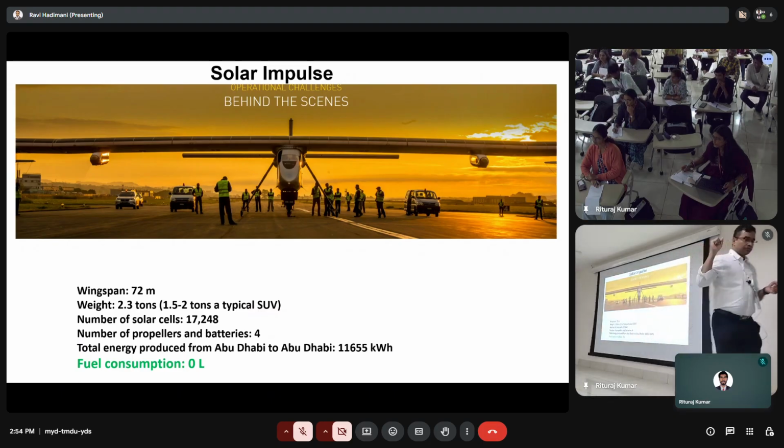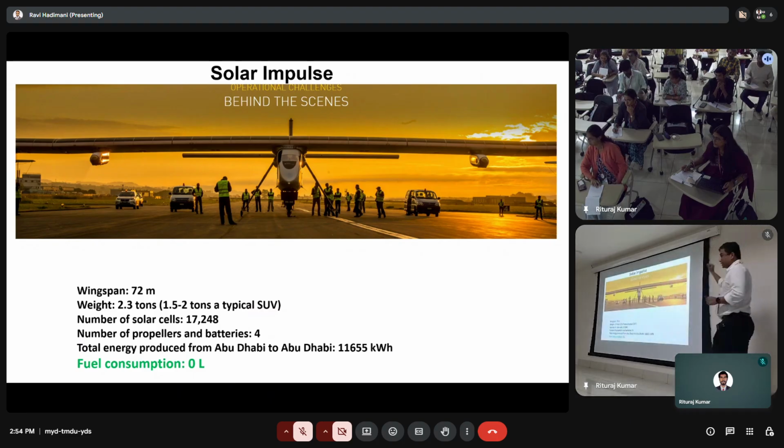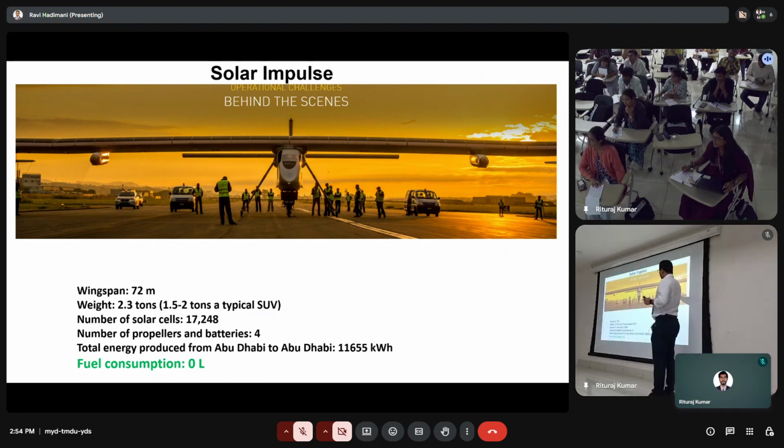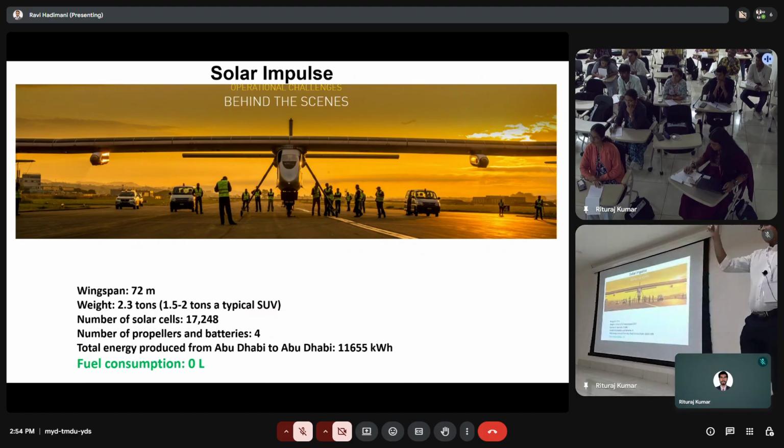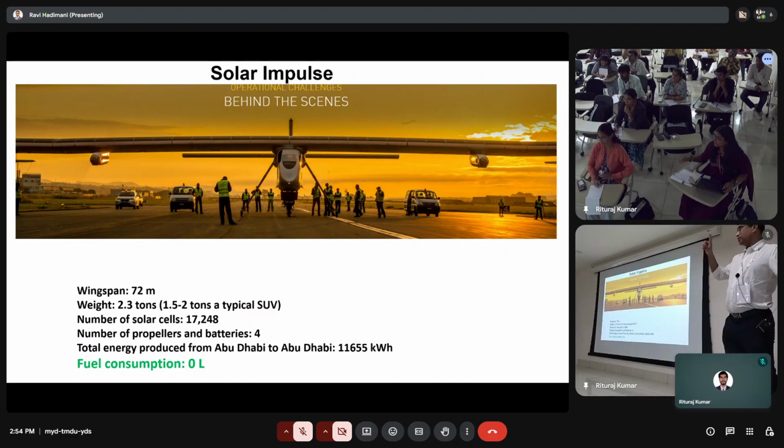It doesn't have any fuel inside. It only has a battery and solar panels. So it took off and went around the earth one full circle without consuming a single drop of fossil fuel, just on solar panels.